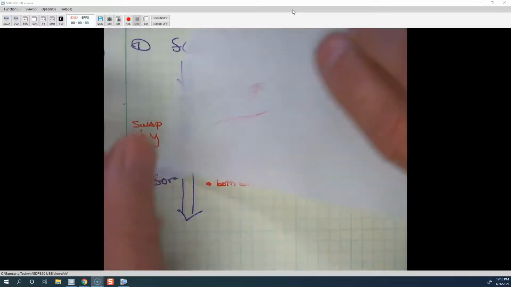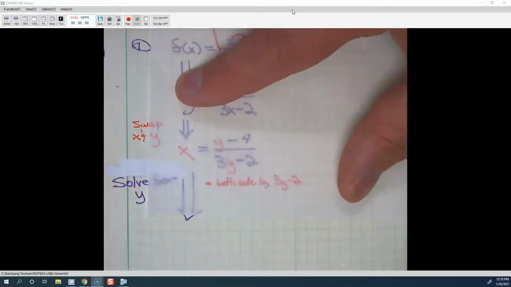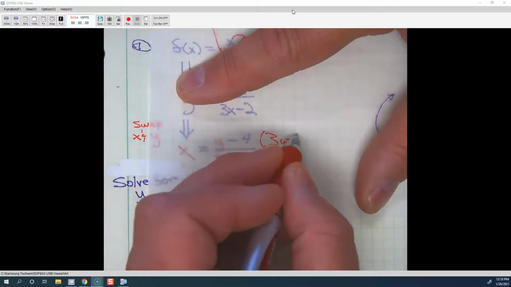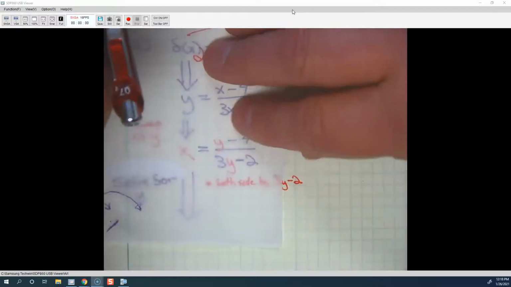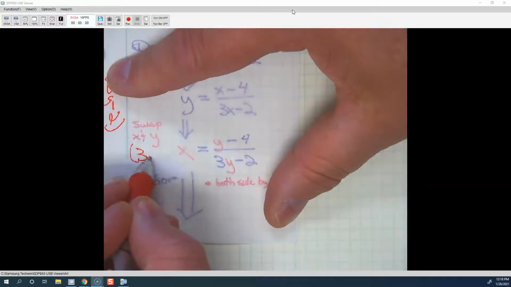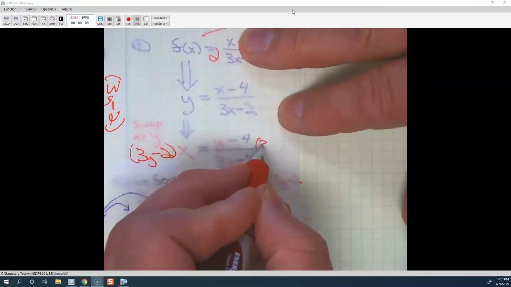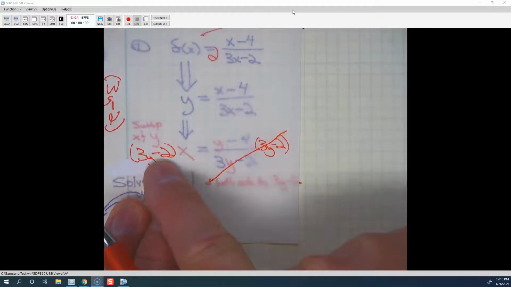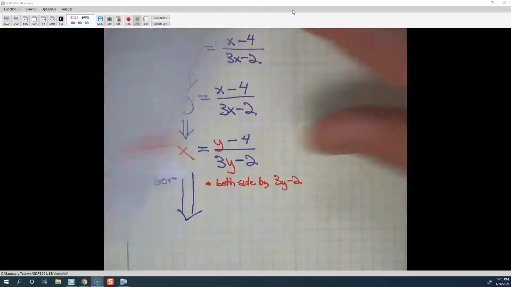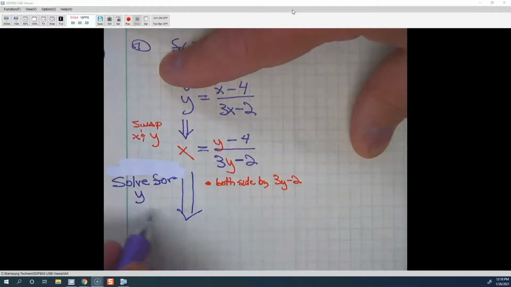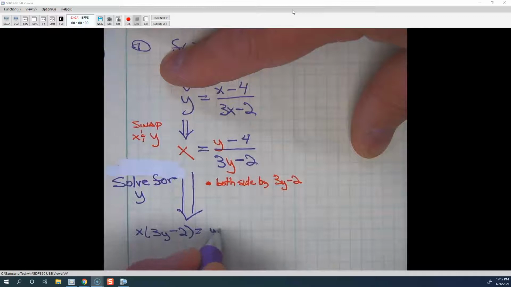Okay, so these are going to cancel. Over here I'll have that expression, and over here I'll have y minus 4. So we're going to have x times 3y minus 2, and then over here, y minus 4.